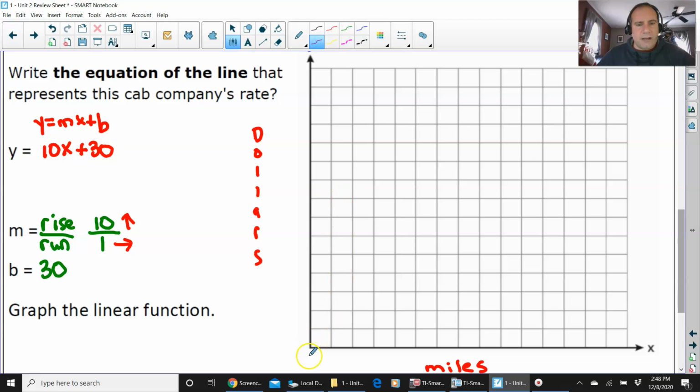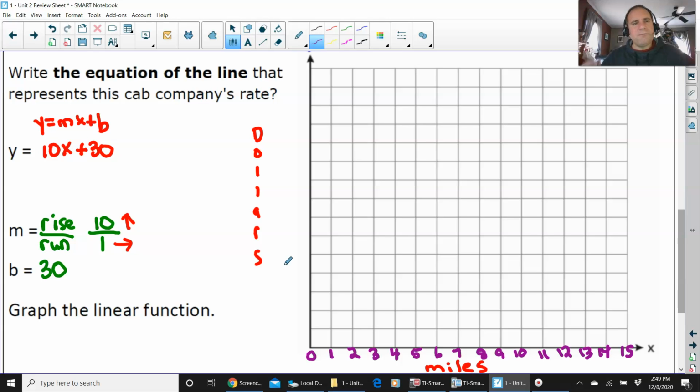So I'm going to start with 0 miles and label and number my coordinate grid by ones. My x-axis by ones. But the dollars will be a lot different. So what should I start at?